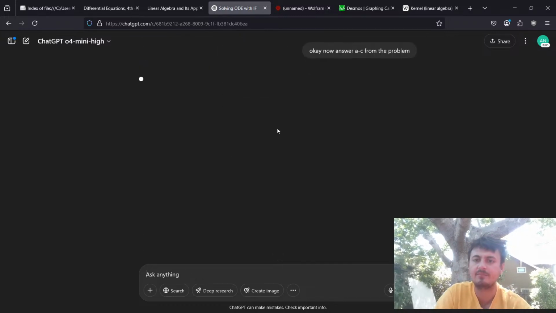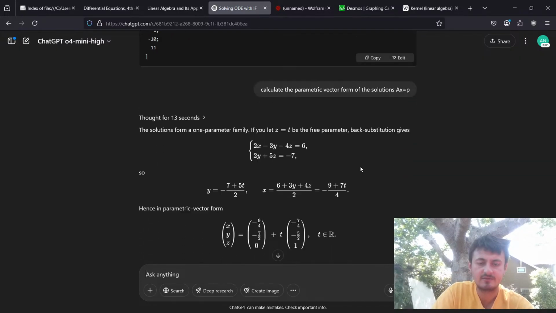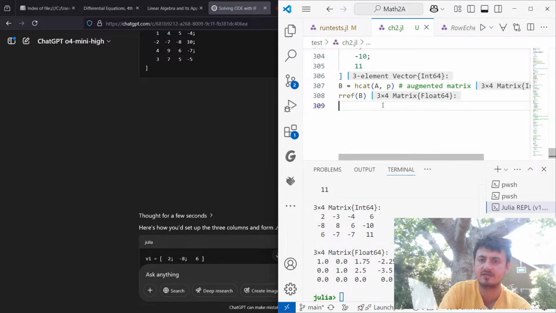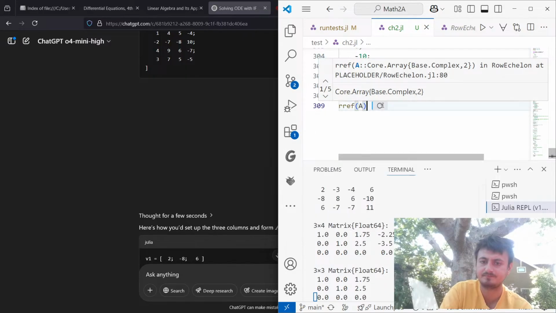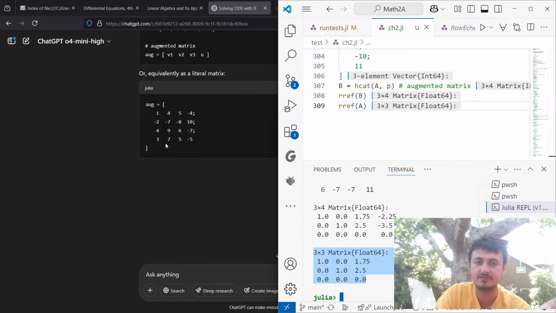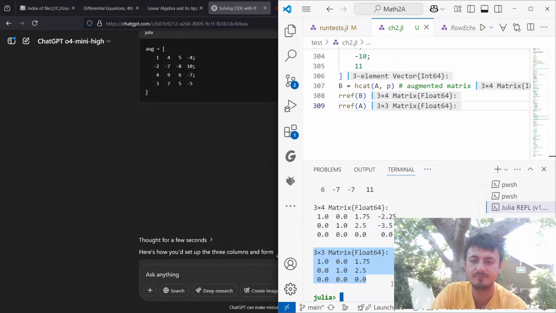So okay, just to recap, my answers are there are 3 vectors in v1, v2, v3. Then if we take rref of A, we don't get the 0 vector, so it's going to be infinite. Uncountably infinite if we're being cringe. And then is P in the column space? Yes, it is.